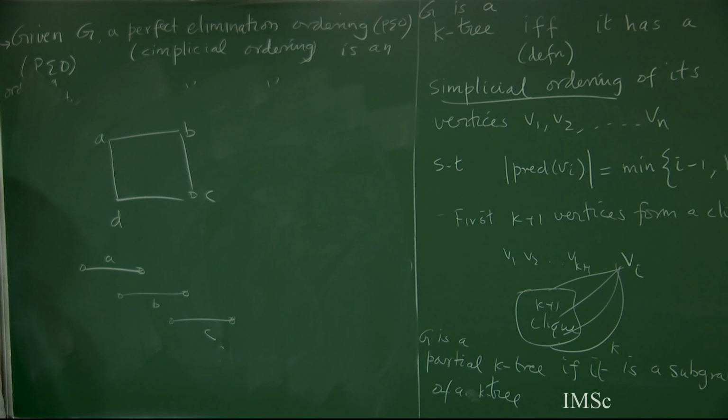This is just an example, but one can prove formally that every interval graph is a chordal graph, because you cannot have a chordless cycle of large length.